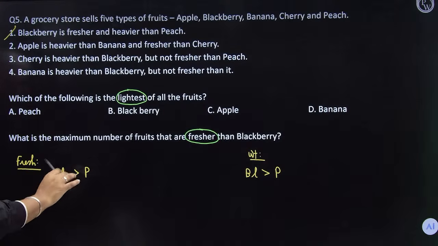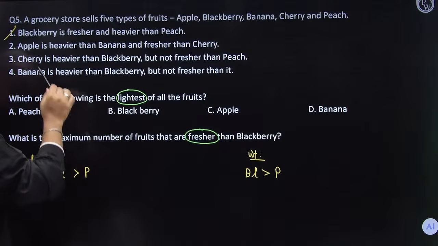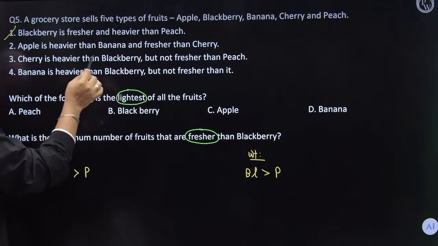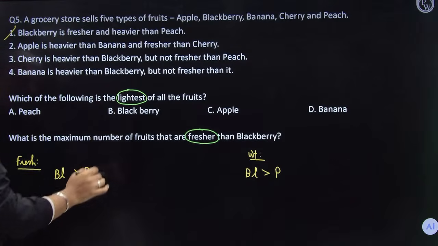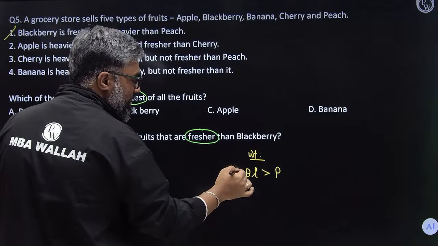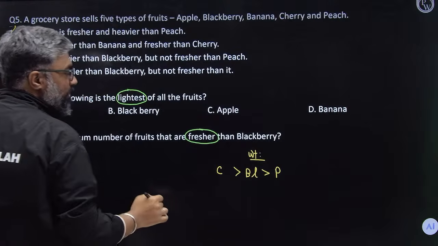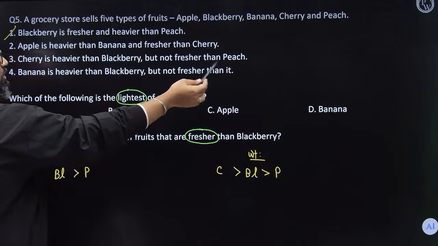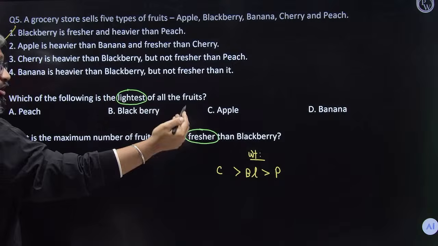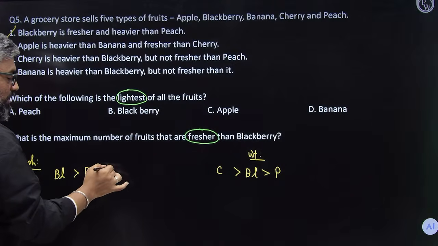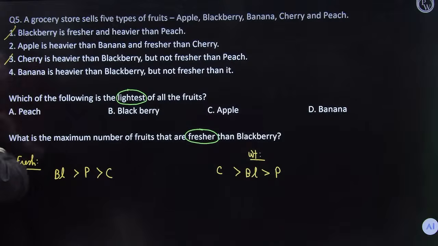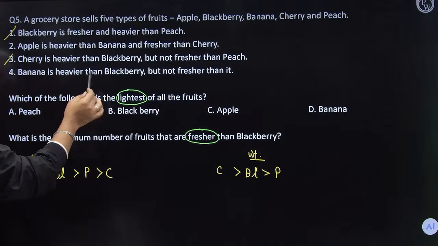Next, with respect to blackberry or peach, let's see if we have something. Here, see, cherry is heavier than blackberry. This makes sense for us, but not fresher than peach. Cherry is not fresher than peach. That means cherry will come off here. Done. Next, they're saying banana is heavier than blackberry.